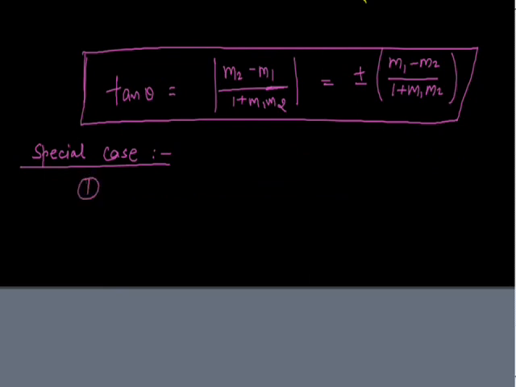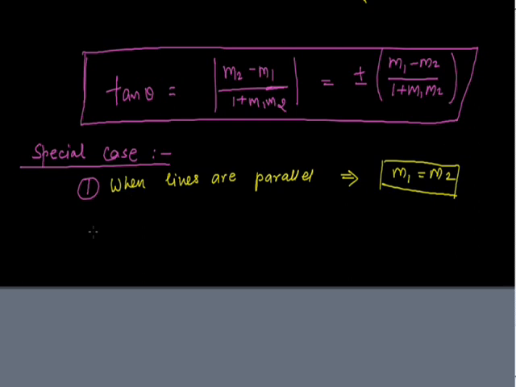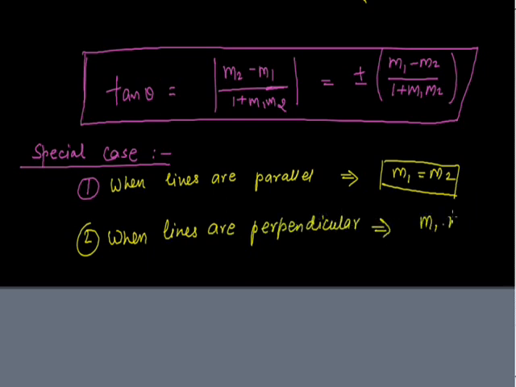Then from this equation we find that when lines are parallel, the result will be m1 equals m2, and when lines are perpendicular, the result will be m1 times m2 equals minus 1, or we can say the slope of the other line will be the negative reciprocal of the first line.